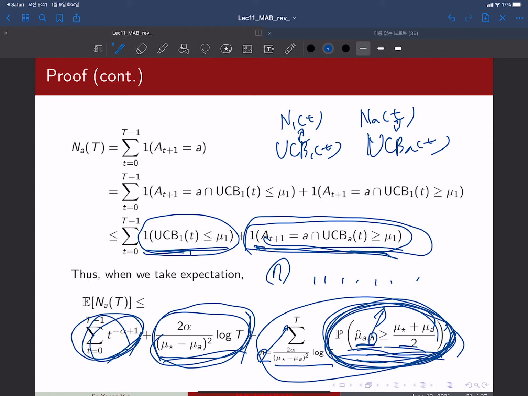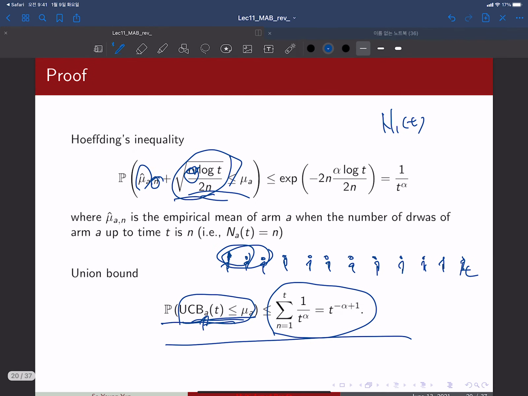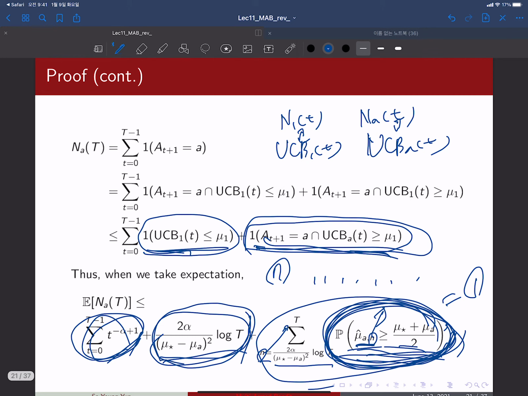The convergence speed is very related to the alpha value, and when you increase alpha, this probability very quickly converges to zero, so you will have an almost constant value for this summation. But in the meantime, you have more exploration for this part. So you have to control alpha well, and again, log t, we cannot escape the log t term. You cannot remove the log t term for this exploration part.